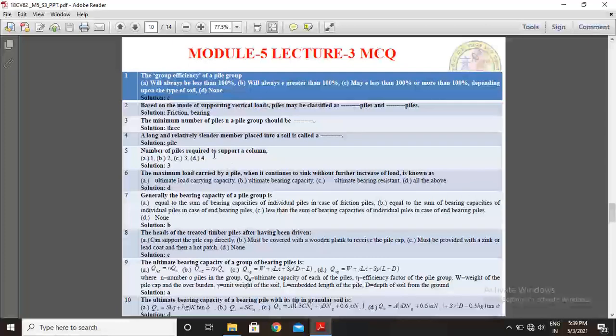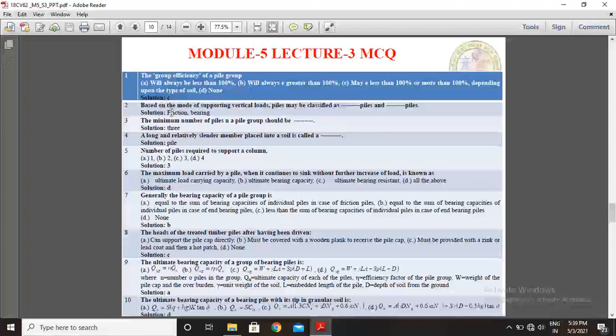So first question: the group efficiency of a pile group, option one, will always be less than 100%. Second option, will always be greater than 100%. Third option, may be less than 100% or more than 100% depending upon the type of soils. Fourth option, none. Option C is correct.